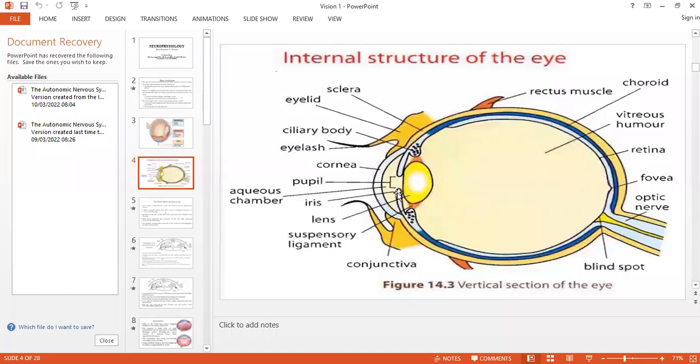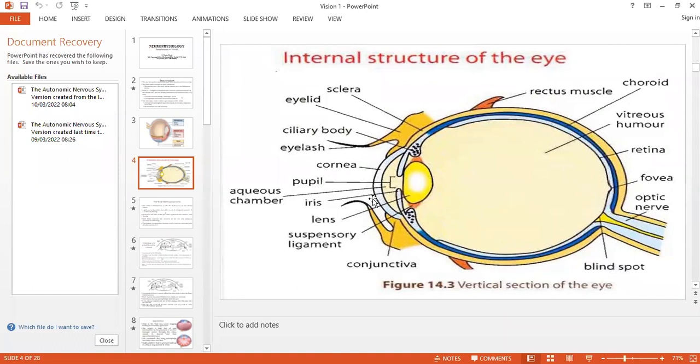But not only that, the cornea also has a function in that it is able to refract. When you talk about refraction, I basically mean bending. So when light is coming through, it is supposed to be bent at a certain angle. No wonder those people who wear glasses, which we'll talk about later when we talk about the pathophysiology of the human eye, you're going to understand that the cornea is also responsible for minor refractive ability of the rays of light that are passing through the eye.